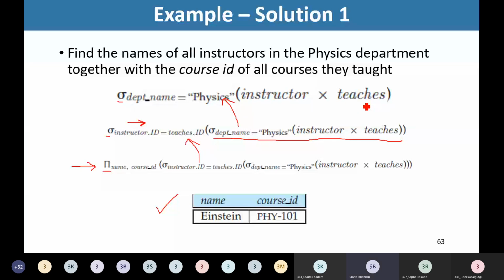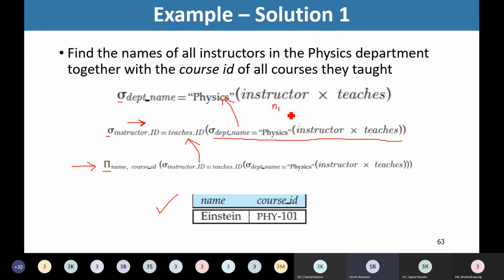While computing this cross product, the output contains a number of tuples equal to the product of the number of tuples from the instructor table and the number of tuples from the teachers table.